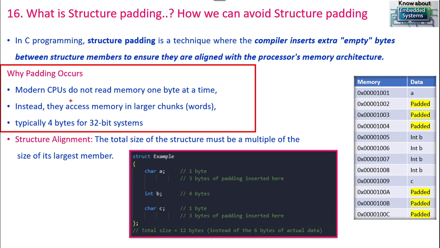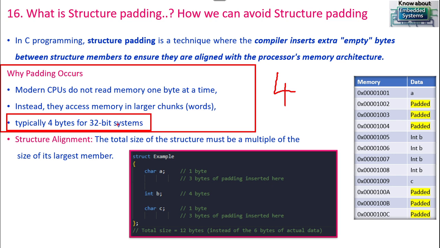If your processor is working on 32-bit architecture, it is going to fetch 4 bytes of data, and processors and compilers will always align with multiples of 4 memory locations. Memory always deals with multiples of 4, or the processor will fetch the data 4 bytes at a time, typically 4 bytes or 32 bits at a time.